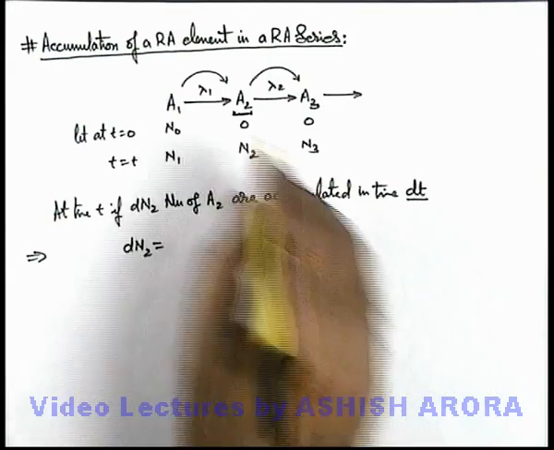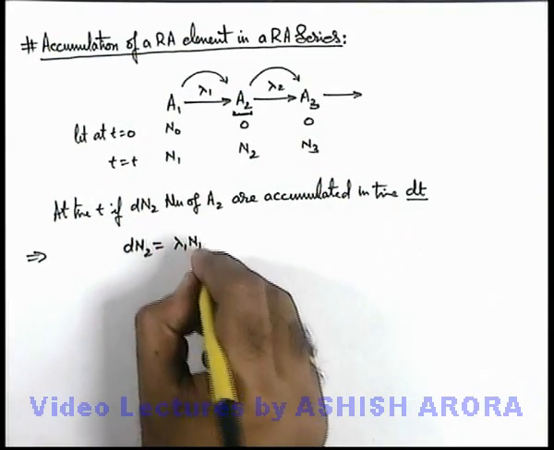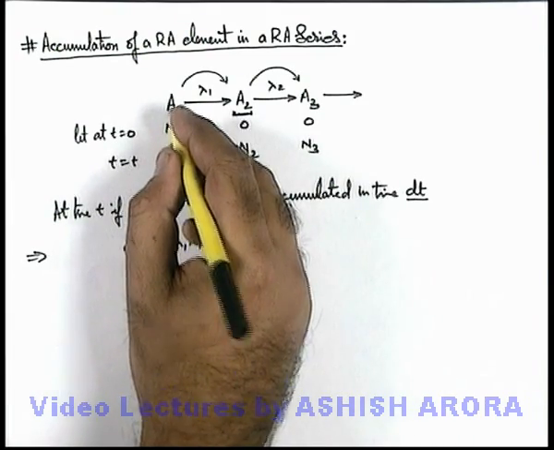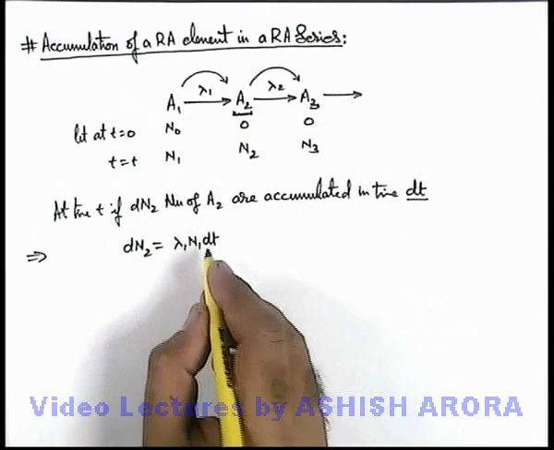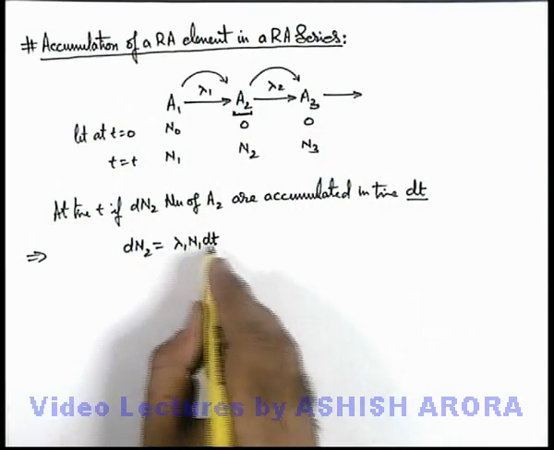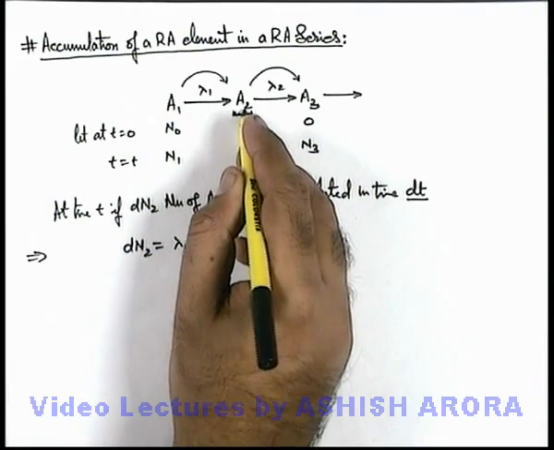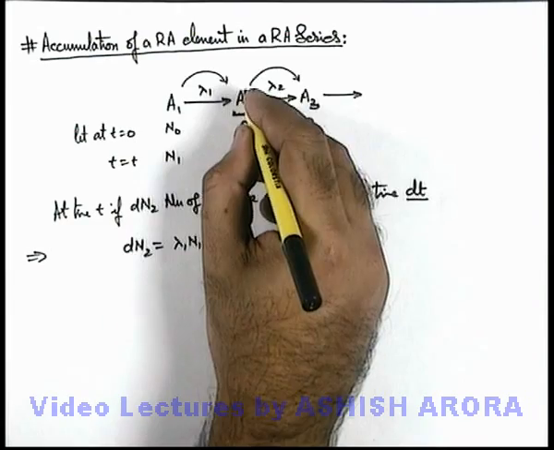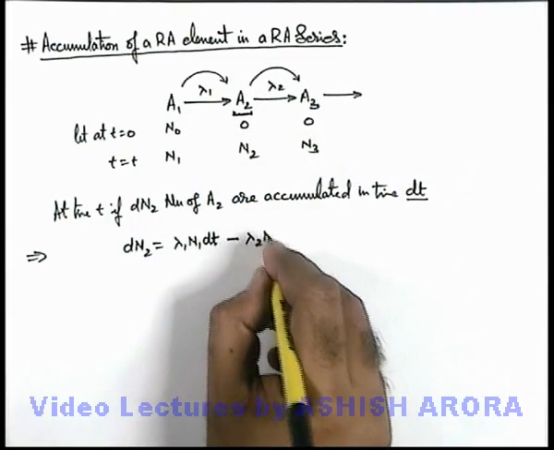So in time dt, number of A2 which are produced can be written as lambda 1 n1 dt, because lambda 1 n1 is the activity of A1, the rate at which A2 is being produced per unit time. Multiplied by dt, these are the number of nuclei of A2 which are produced in time dt, minus number of nuclei of A2 which are disintegrated to A3, which will be lambda 2 n2 dt.